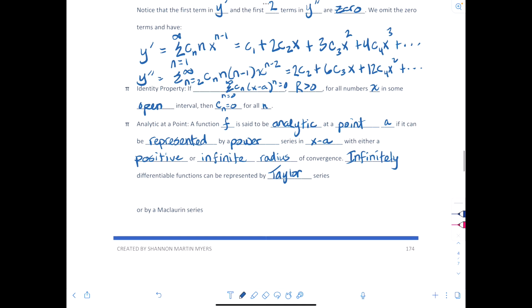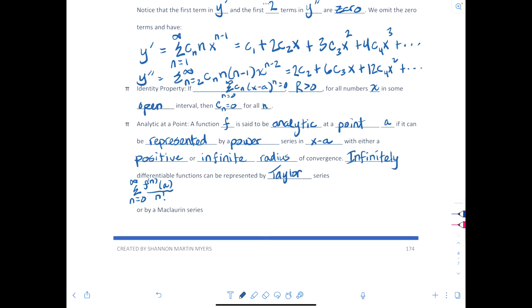And so with Taylor series, you have the summation as n goes from 0 to infinity of the nth derivative of f at a over n factorial. So that is your c sub n. I know it's complicated.